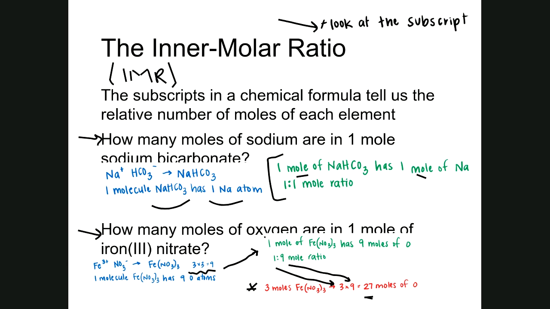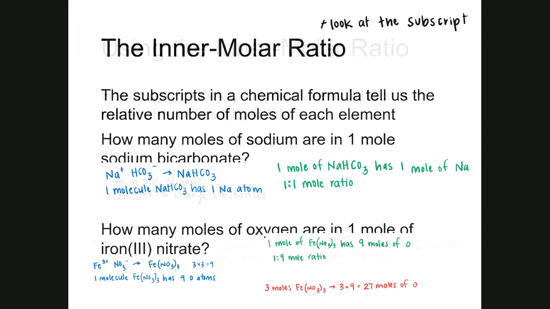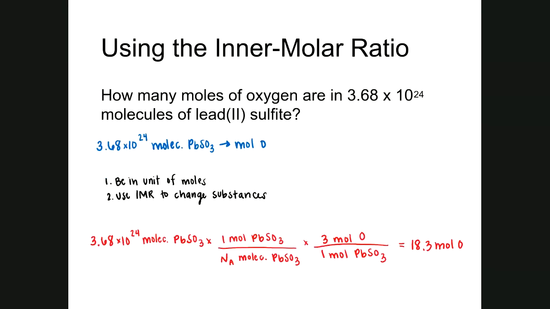So let's use this and tie it together with our previous slide, where we want to know how many moles of oxygen, so that's the information we're looking for, are in 3.68 times 10 to the 24th molecules of lead-2 sulfite.